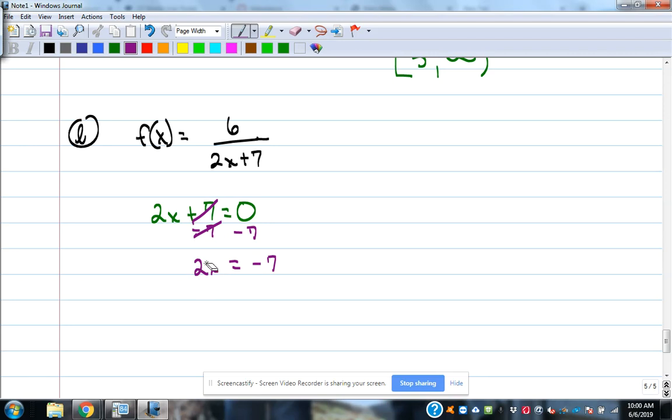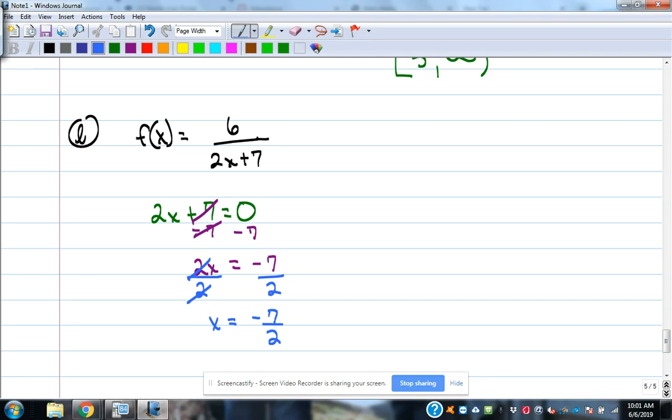And when they're mashed together like that, 2x means what operation is going on between the 2 and the x? They're multiplying, and the opposite of multiplication is division. So we're going to divide by this 2. And that's going to leave us x. And I'm just going to leave that as the fraction, negative 7 over 2.